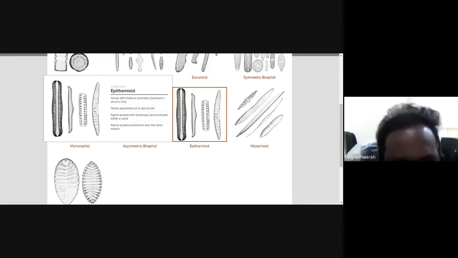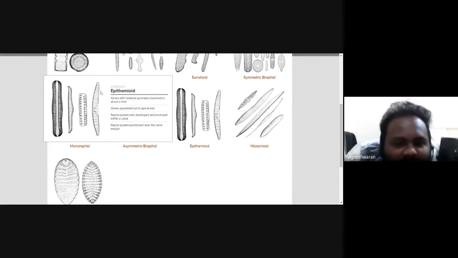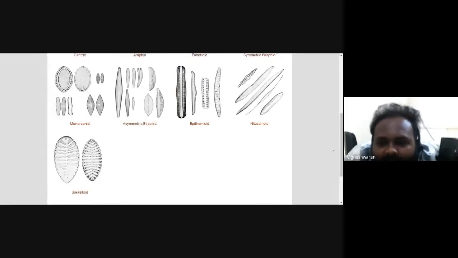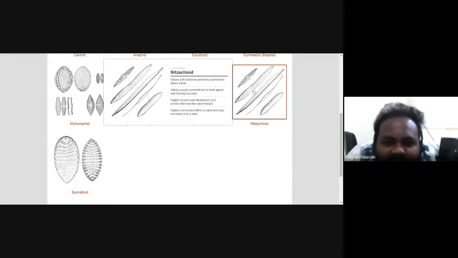It starts from one side, goes to another side, and again goes to another side. It is like an arch. Inside this structure, raphe is running. That is why these kinds of diatoms are called epithemioid.